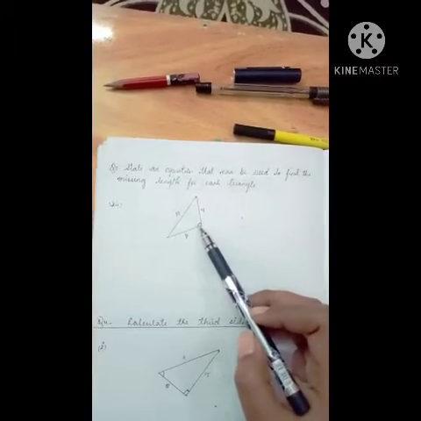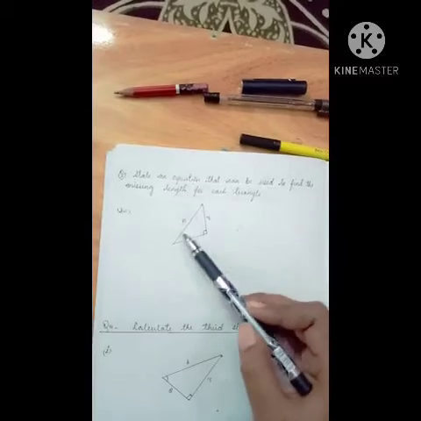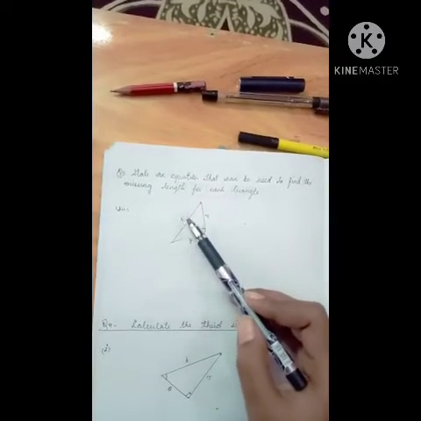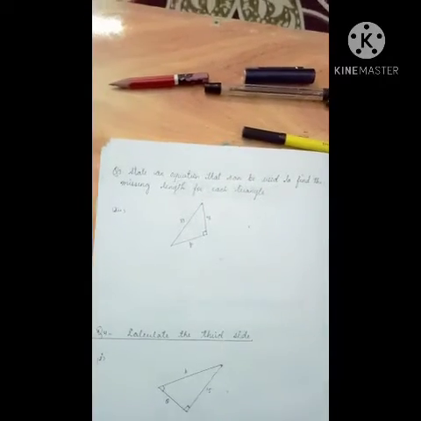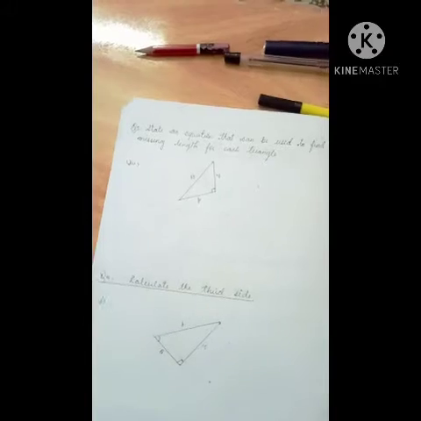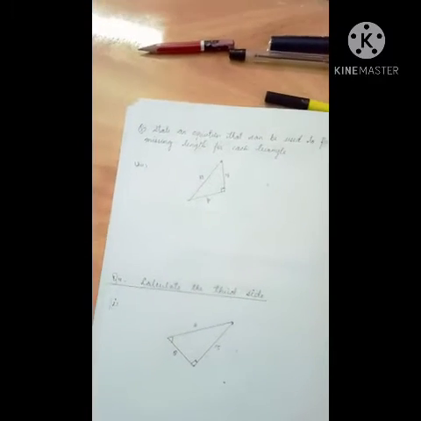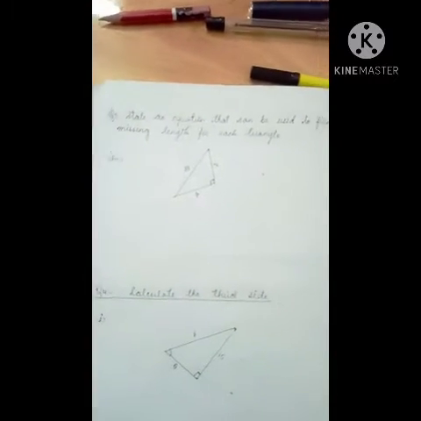Here you can see that this is 90 degrees and the opposite side of this angle is the hypotenuse, that means 13. So here the hypotenuse is 13 and the perpendicular is 7, and we have to find the base.